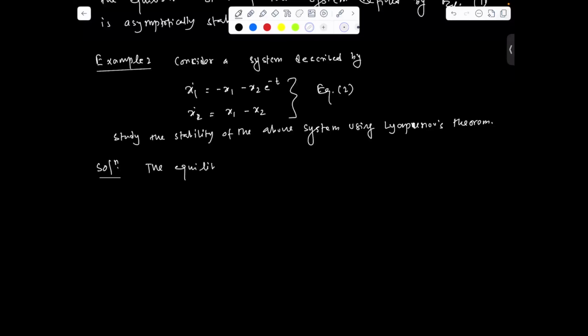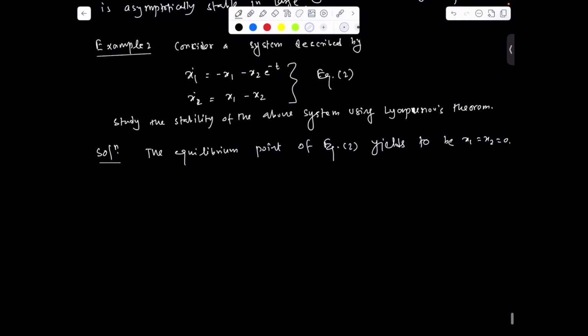The equilibrium point of equation 2 yields to be x1, x2 equal to 0, 0. Now we have the equilibrium point, so we'll study the stability of the system at the equilibrium point.